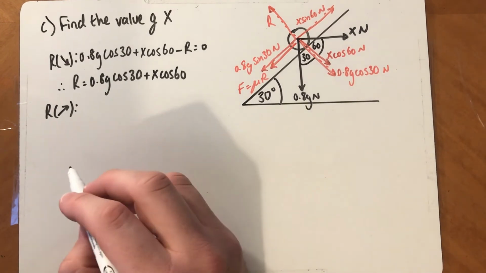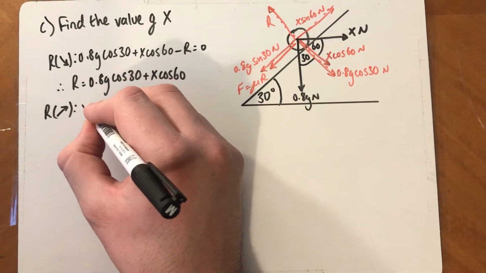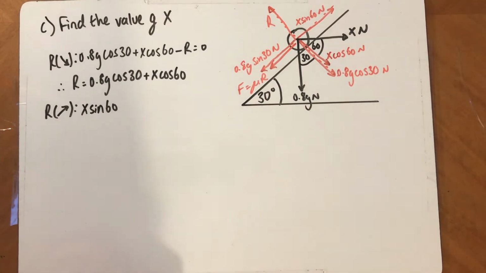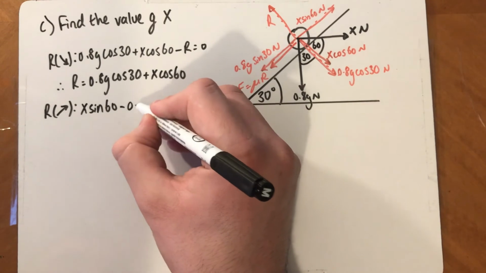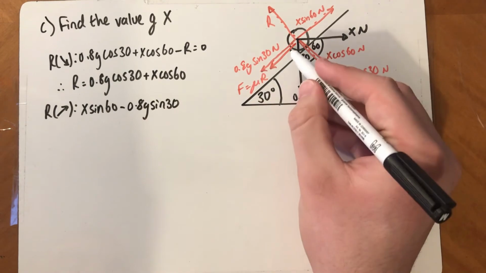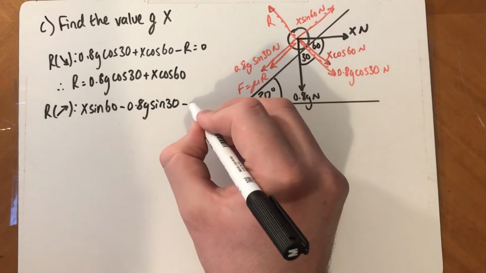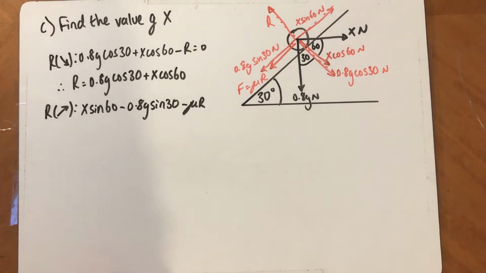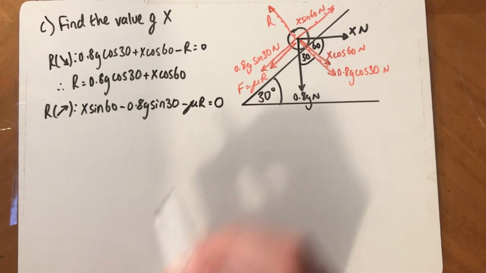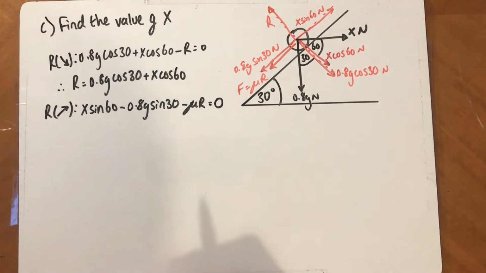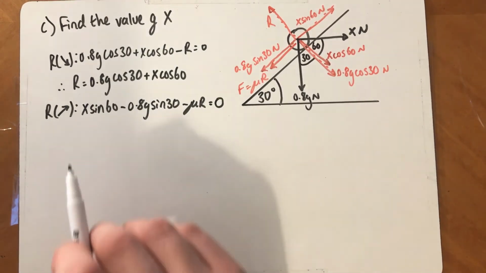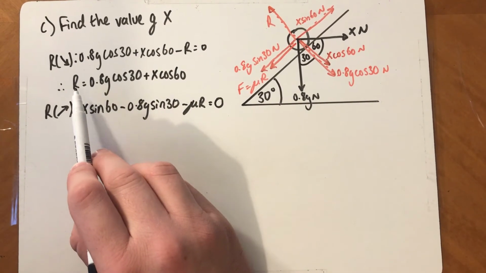Okay, so up the plane we have x sine 60 minus 0.8 g sine 30 minus the friction force. Okay, we know that friction force is mu R. And again, no movement happening as of yet, just on the point of moving, so at the moment the acceleration is 0.